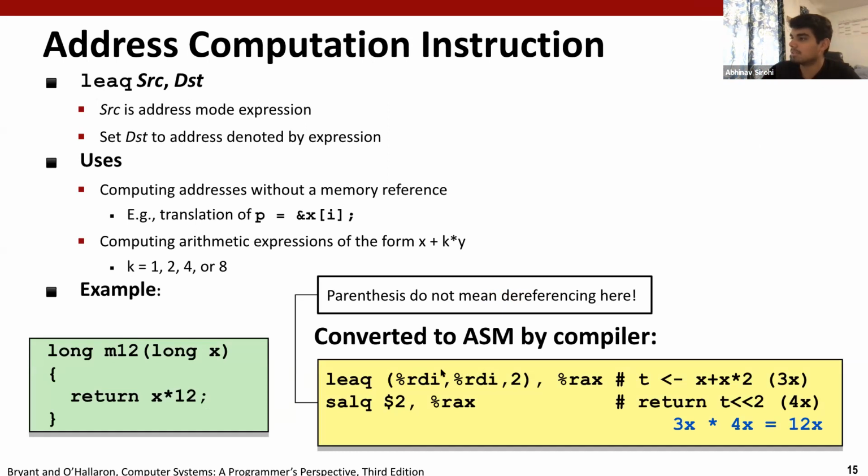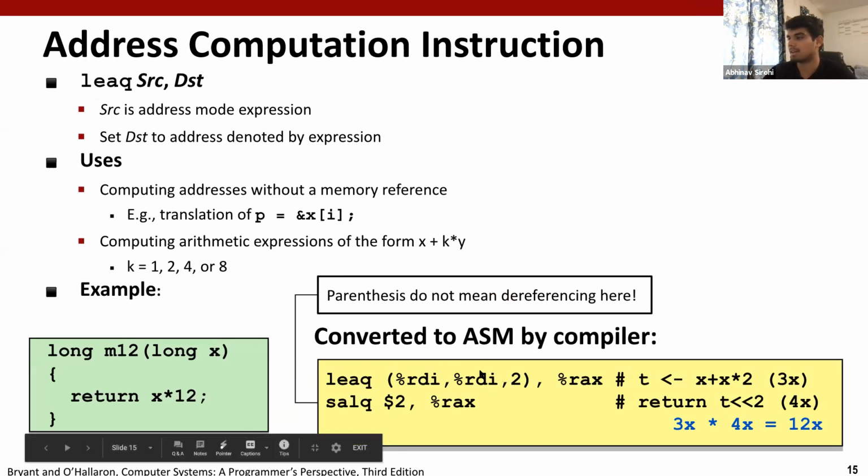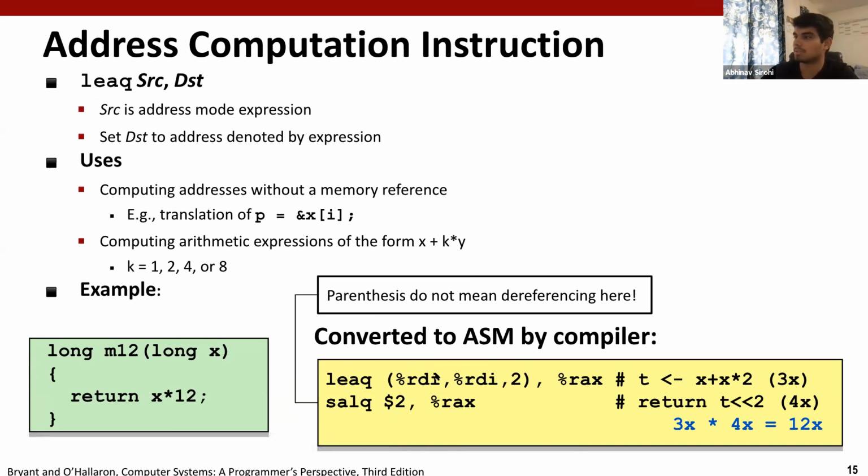Yeah, so let's take the value in RDI, and let's say we want to multiply that by 3 first, and then we want to multiply it by 4. So that'll effectively multiply it by 12.